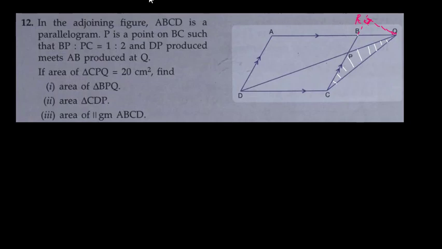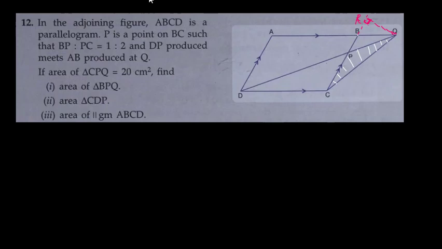Now area of triangle QPC will be half into base PC into height QR, and similarly area of triangle QBP is half into base BP into height QR. In both the triangles this height is common, so I can cancel QR and get the area of BPQ.